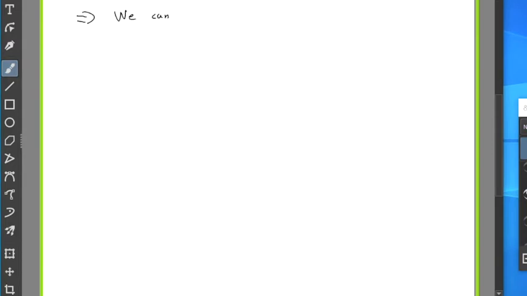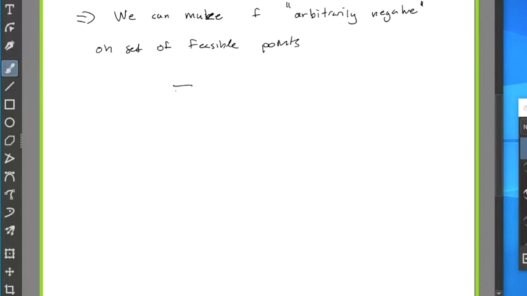We can make f arbitrarily negative on the set of feasible points, and that means that there cannot be a minimum. And yeah, that's the solution.